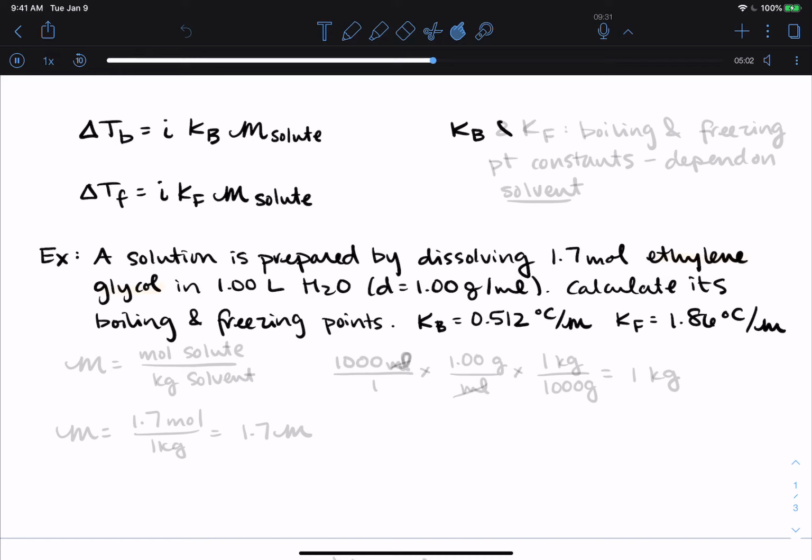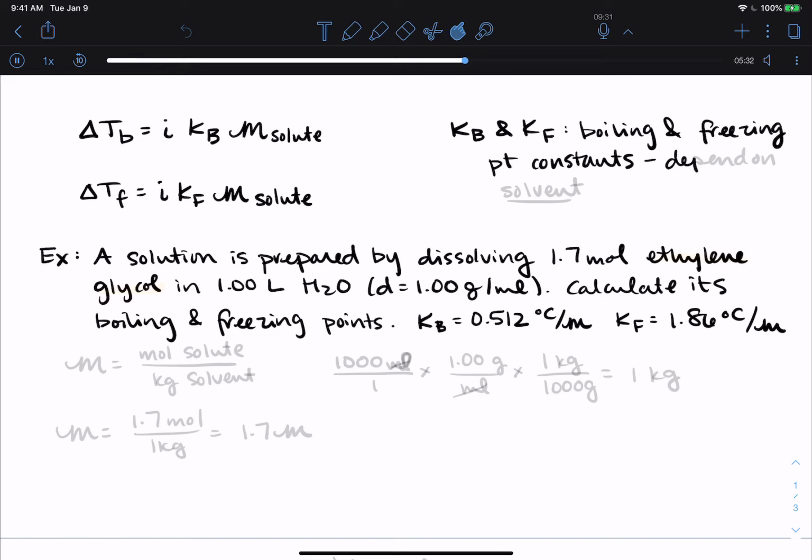So K_B and K_F, these are the boiling and freezing point constants. These will be given in the problem, or you will be told where to look them up. They're not collected in a very nice place in the appendix like some of our other values.